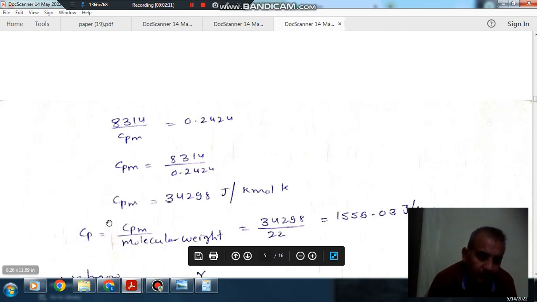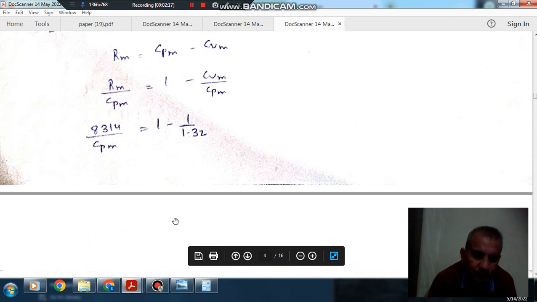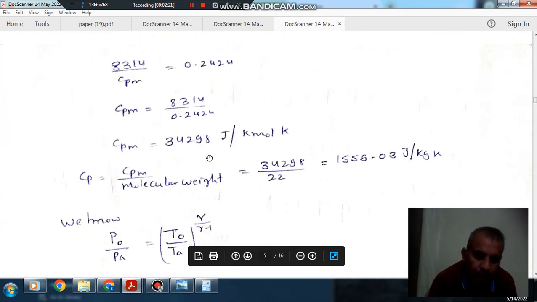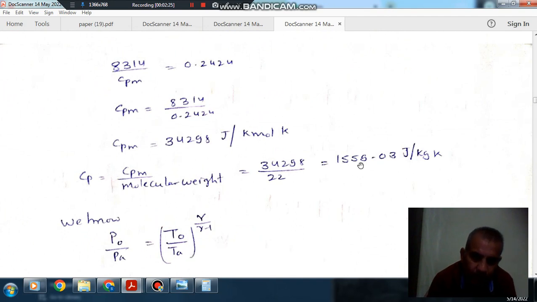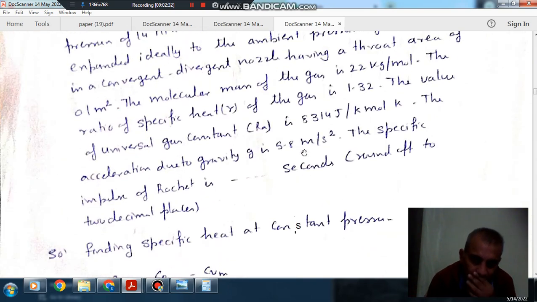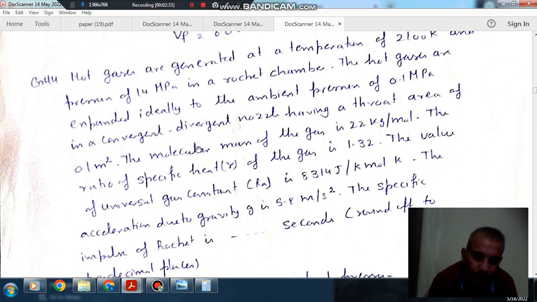The specific heat at constant pressure is molar divided by molecular weight, and the molecular weight is given as 22. So the Cp will be 1559.03 joule per kilogram per degree Kelvin. That is the first thing that we have to calculate, that is Cp of the gas.